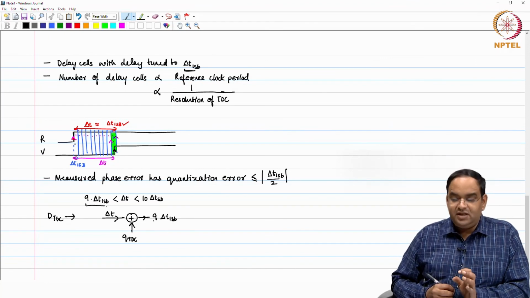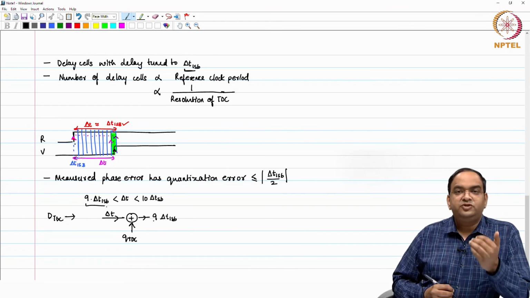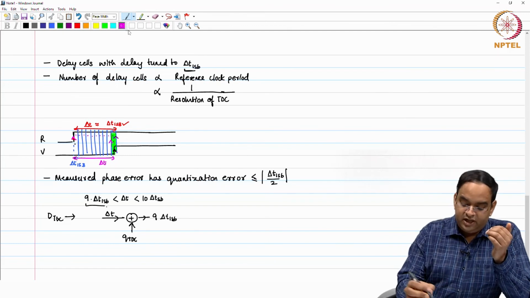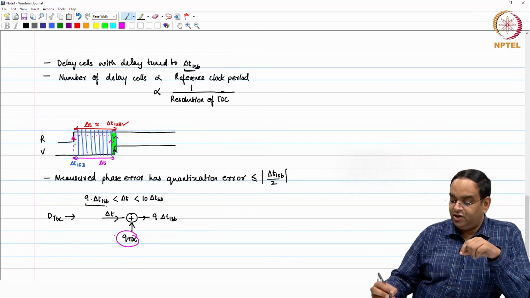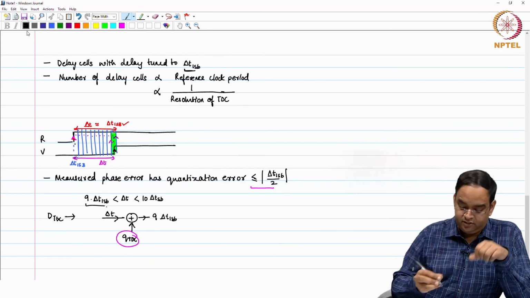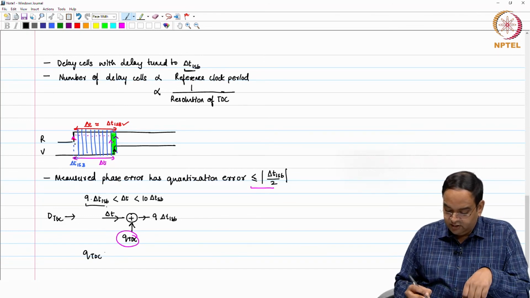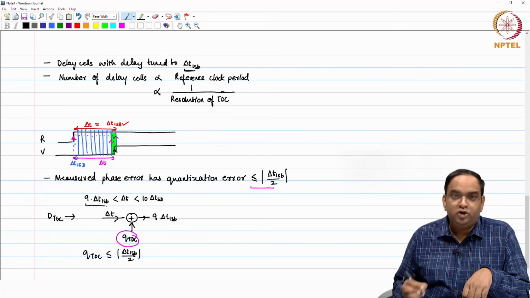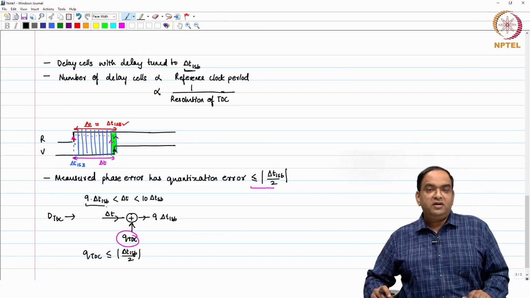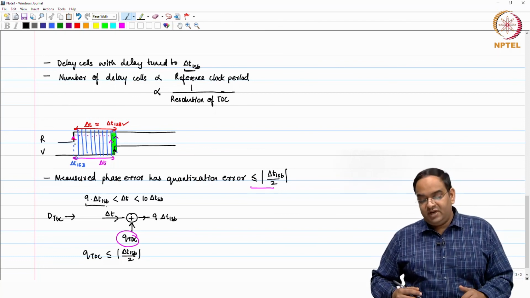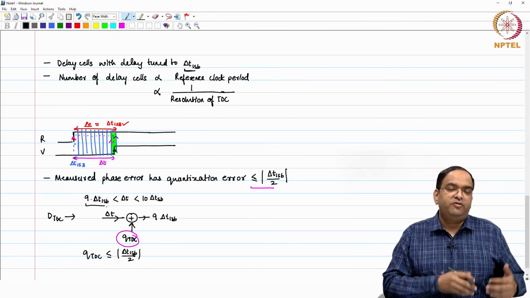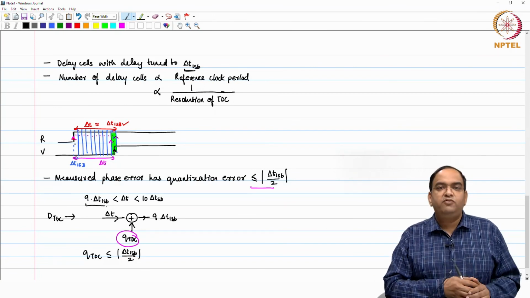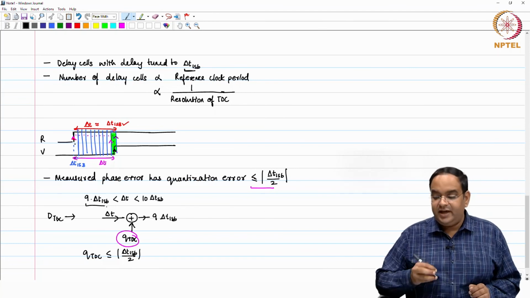So, TDC comes with inherent quantization noise, and this quantization noise qTDC is limited between plus minus delta t LSB by 2. So, you are not measuring the phase error exactly; in addition to the phase error, what you get is a quantization error.